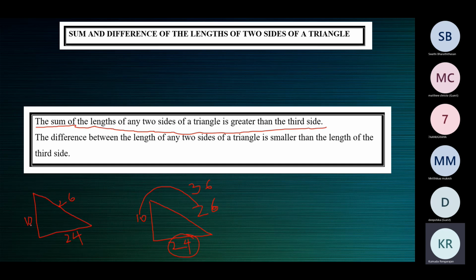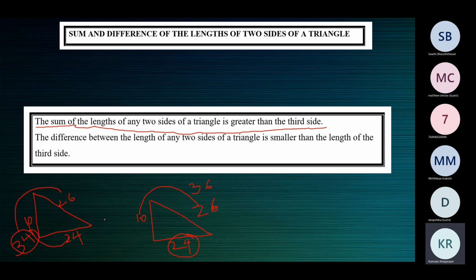So supposing we take 10 and 24, the sum, 10 plus 24, is 34. This will be greater than the third side, 26. Yes, 34 is greater than 26. This property holds good for any triangle.